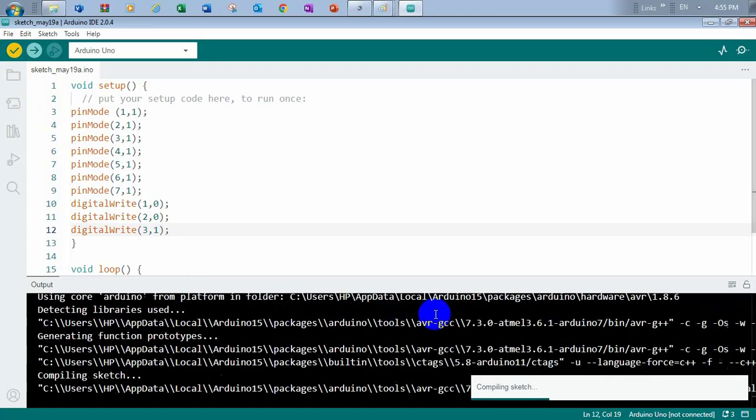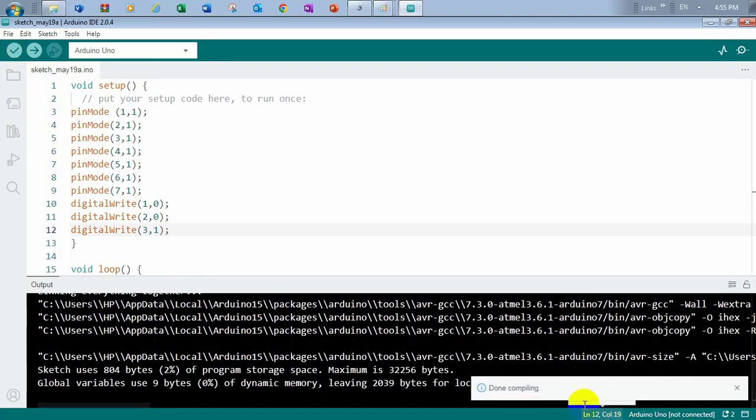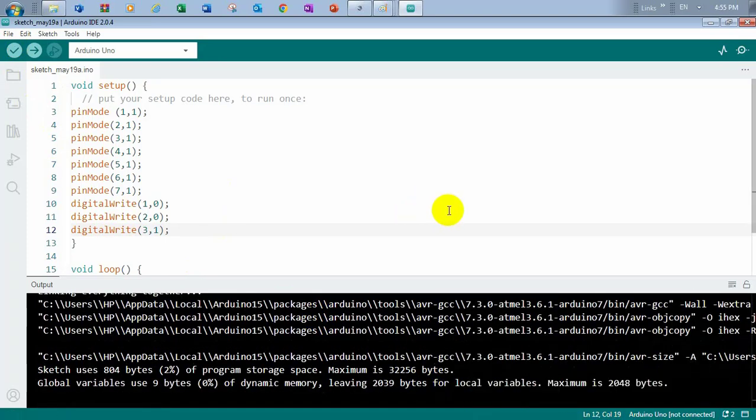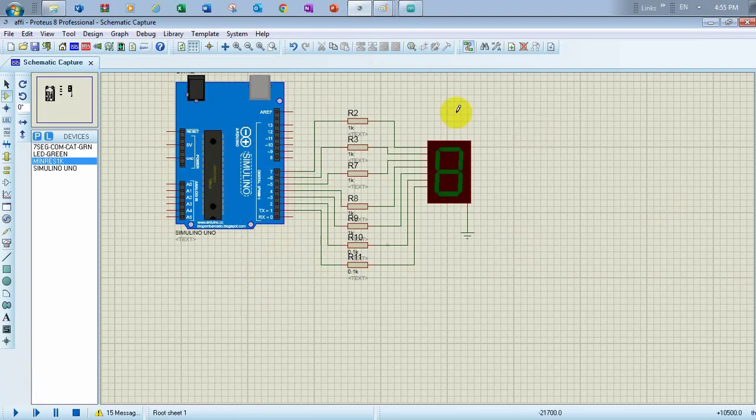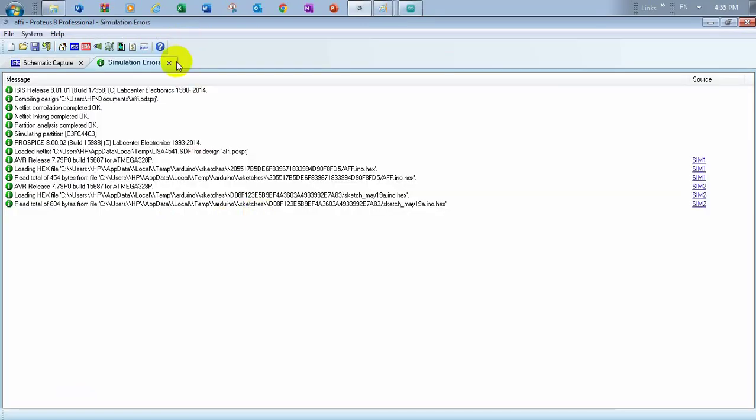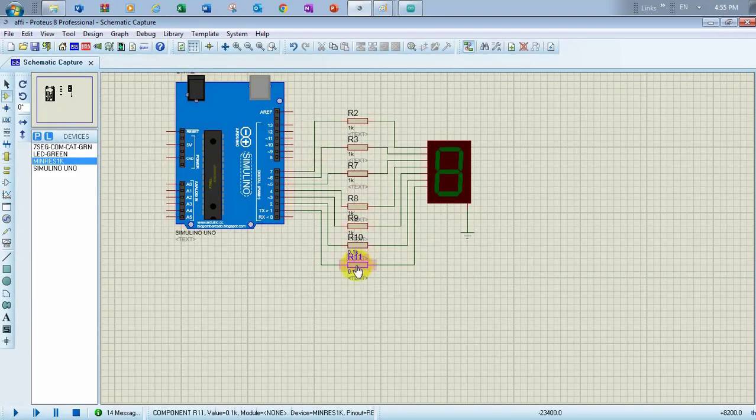So we go to the simulation software, and we do the test. 1, 2, 3, go here, 0, 1.